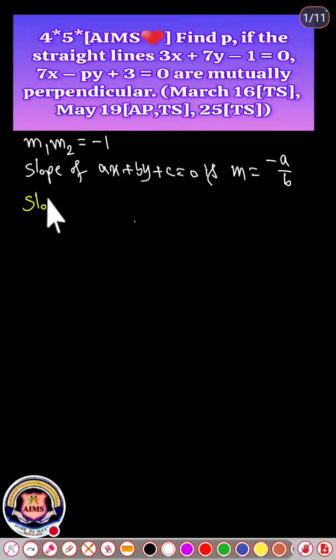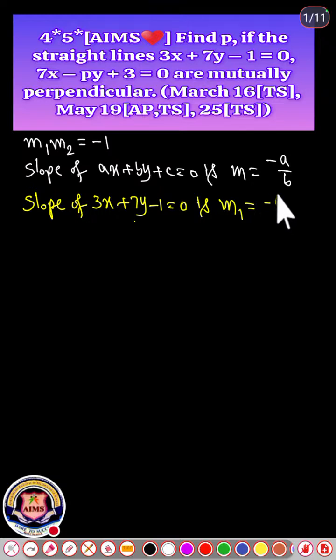I can find the slope of 3x + 7y - 1 = 0, denoted by m1 = -a/b. Here a means the x coefficient 3, divided by b, the y coefficient 7. This is the slope of the first line.